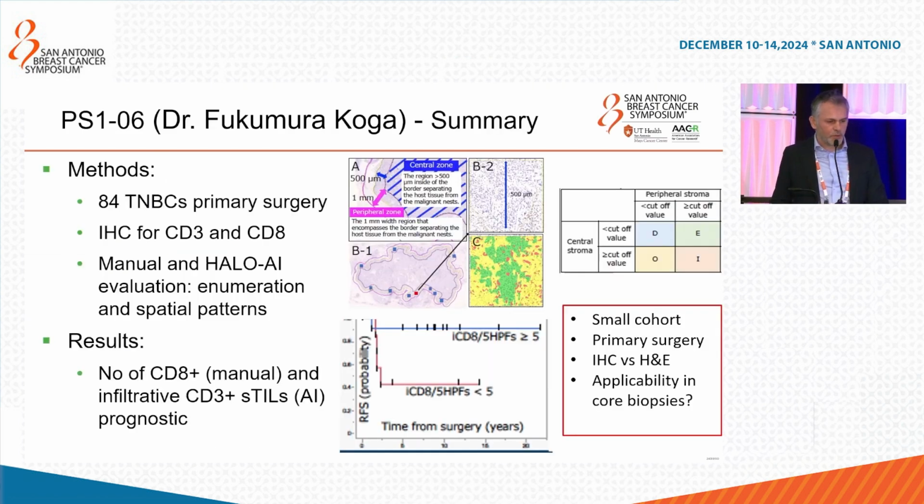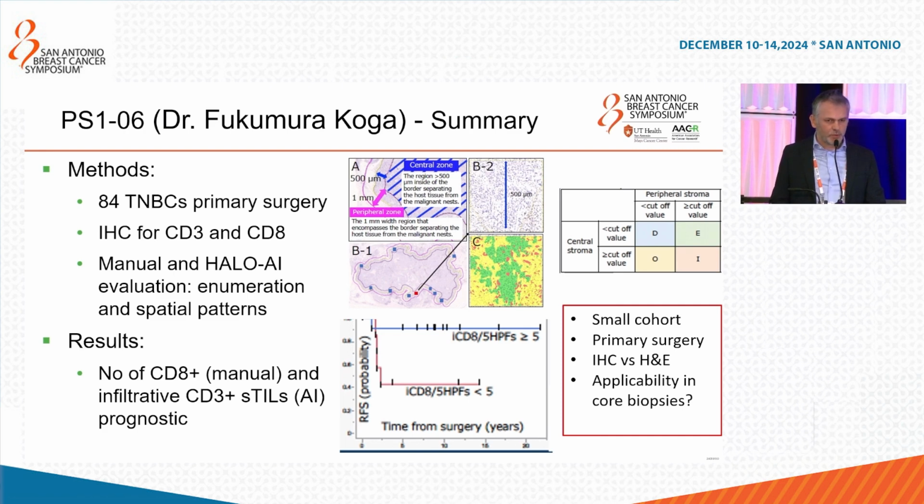So going back to the study by Dr. Fukumura-Koga, this is a relatively small cohort, and the patients were treated with primary surgery, which is not the standard practice in triple-negative disease today.